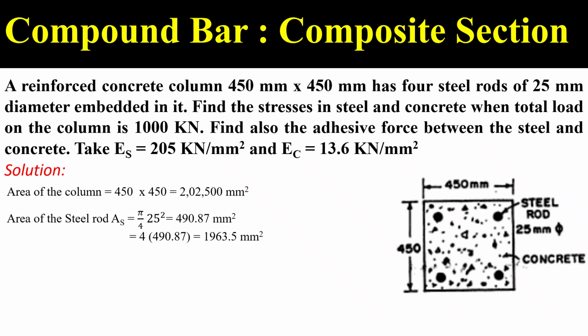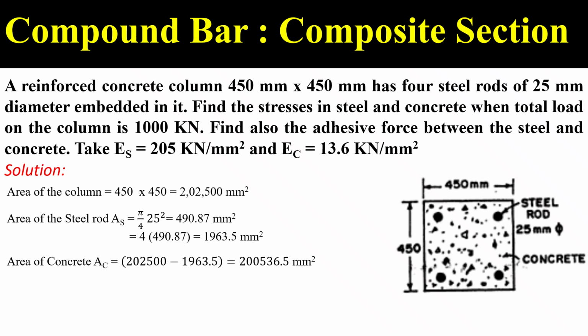The column consists of 4 steel rods, so the total area of the steel rods is 4 into 490.87, that is 1963.5 mm square.